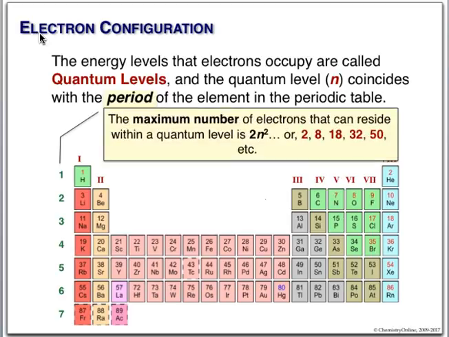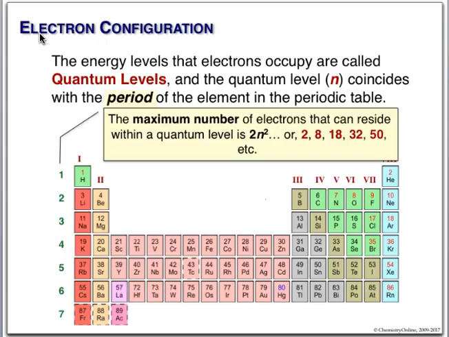Now, if you let the period number be n, the number of electrons that can exist within that particular energy level or quantum level is 2n squared. So with 1, 1 squared is still 1, 1 times 2 is 2.